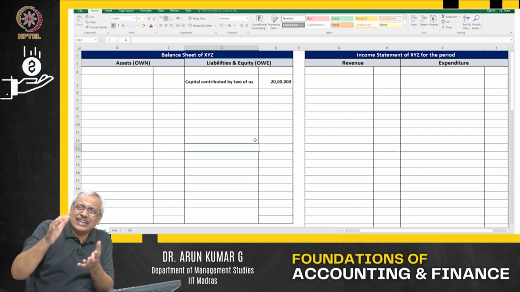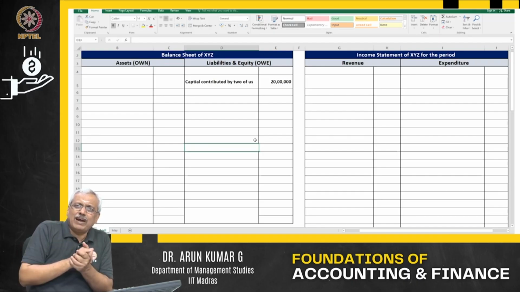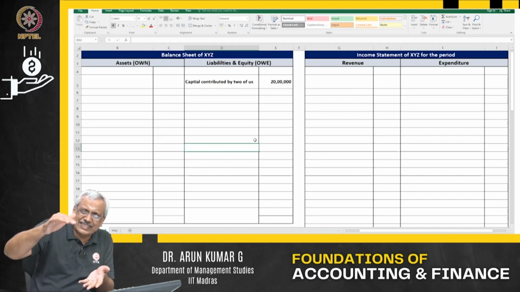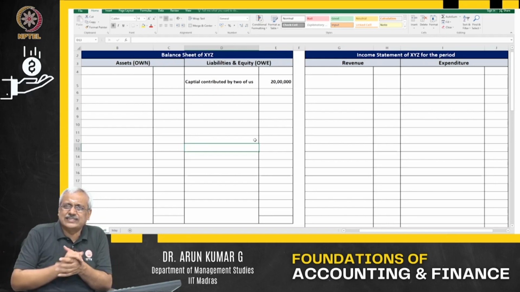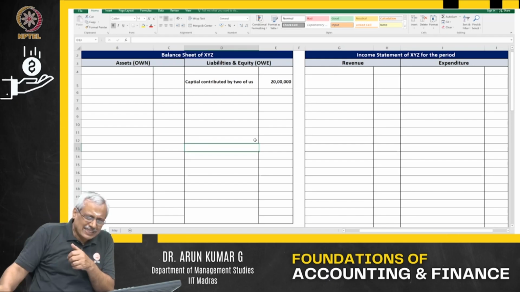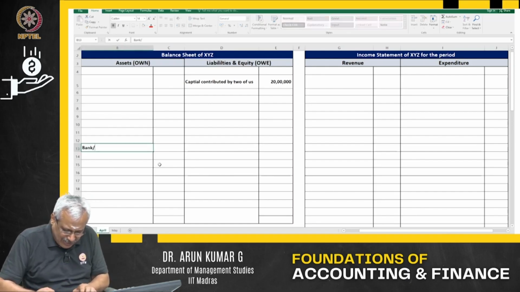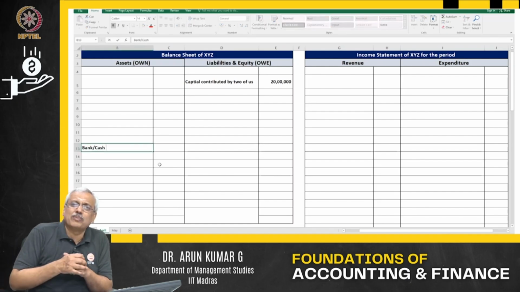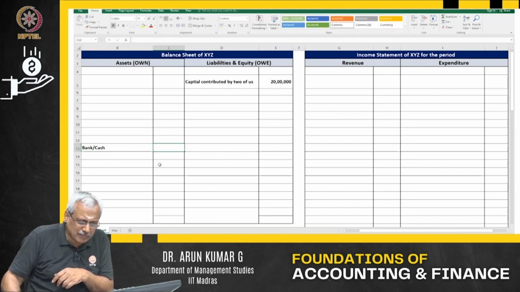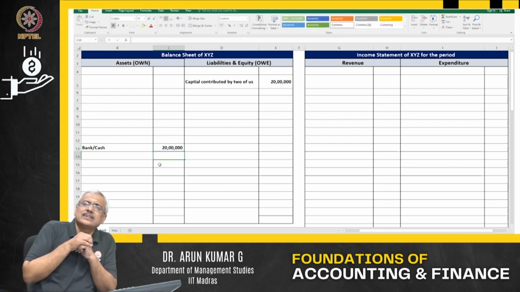Now what is happening? There is 20 lakhs sitting in the bank account of XYZ, or 20 lakhs cash in the cash box of XYZ. So the entity owns that money. That is what I would say, bank or cash, depending on whether you are depositing in the bank or cash. What is the money it owns? So it owns about 20 lakhs.